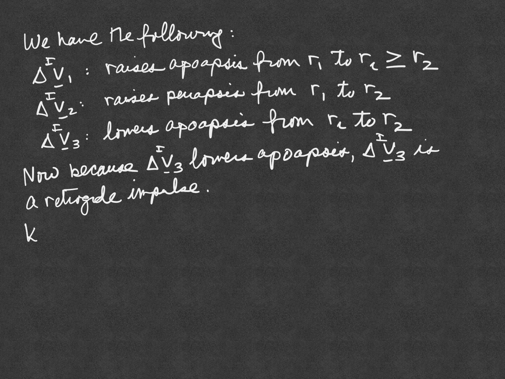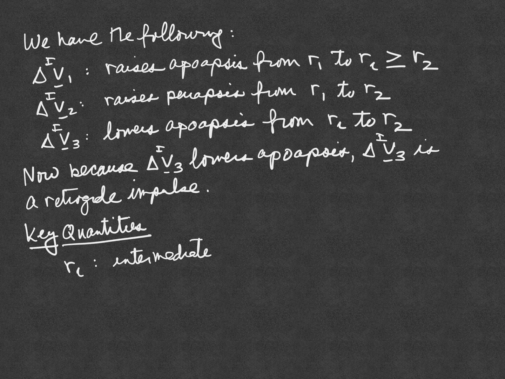So here are some key quantities that we need to keep track of when we deal with the bi-elliptic transfer. First of these quantities is Ri. This is the intermediate apoapsis radius, and it's such that it has to be bigger than or equal to R2, because that's how we define this transfer: we needed 3 impulses.